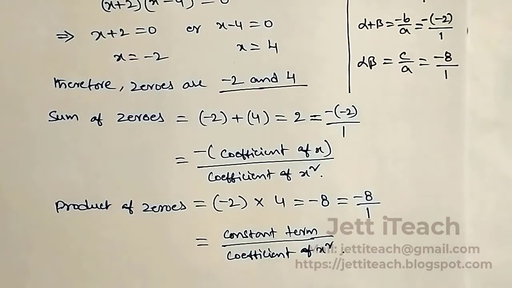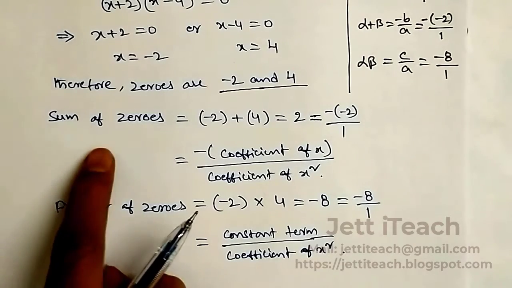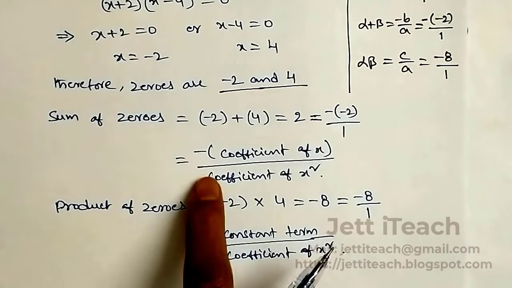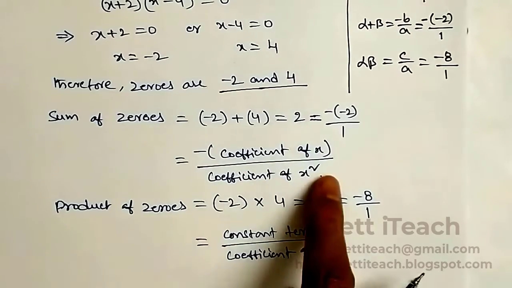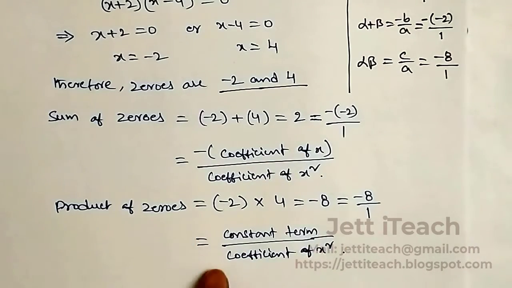Hence proved that the sum of zeros equals minus coefficient of x by coefficient of x square, and the product of zeros equals constant term by coefficient of x square.